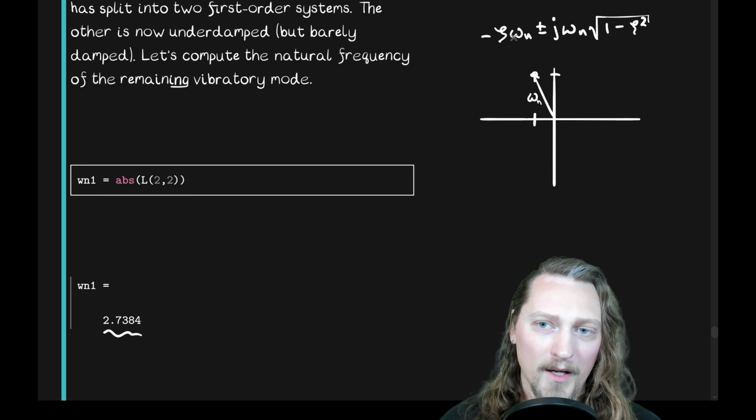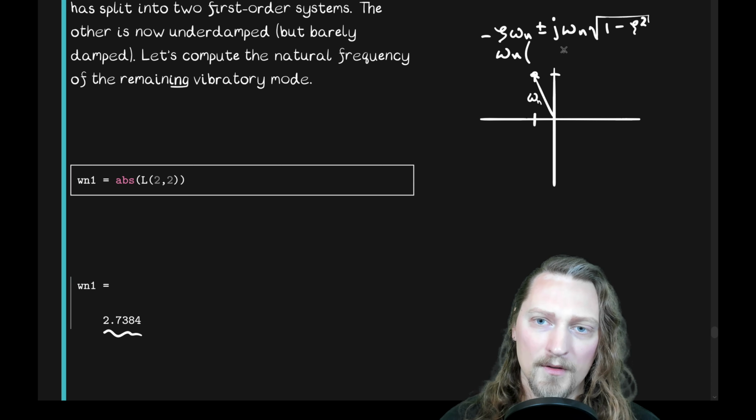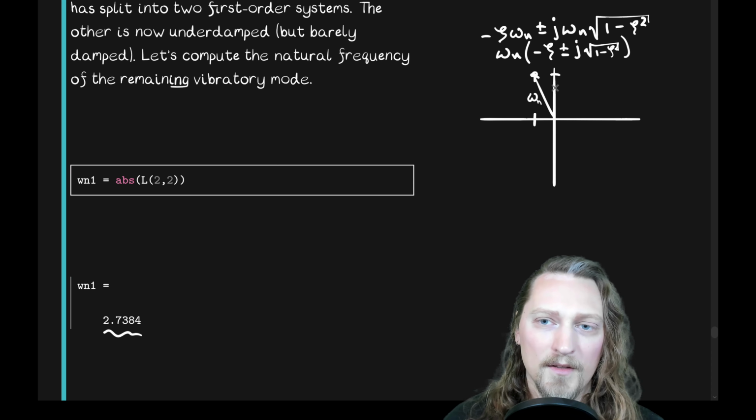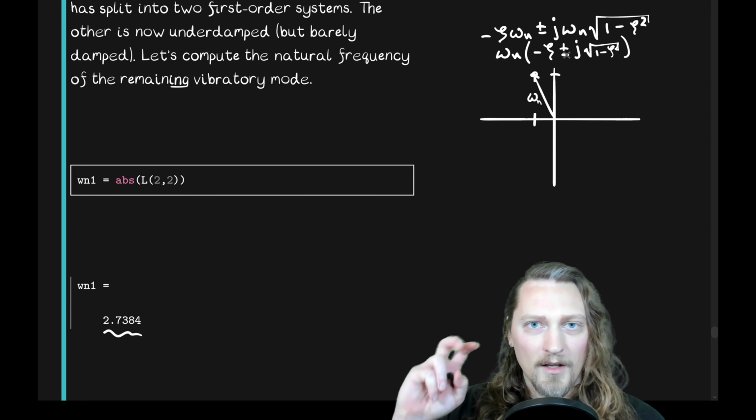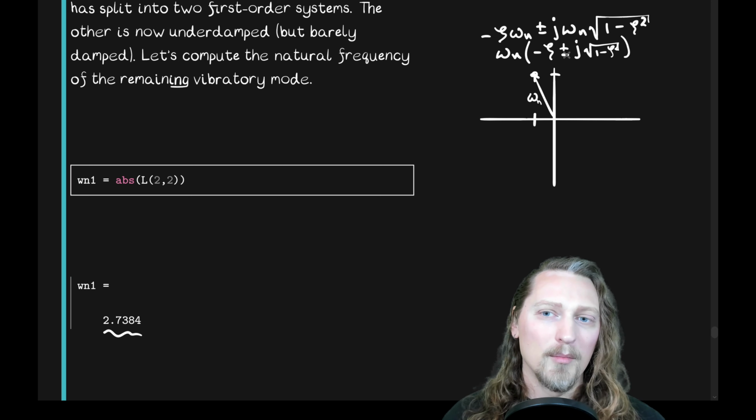So let's factor out omega n, and we get omega n times negative zeta plus or minus j square root of 1 minus zeta squared. What's inside here is a unit vector, if you will, or a length 1 magnitude complex number.